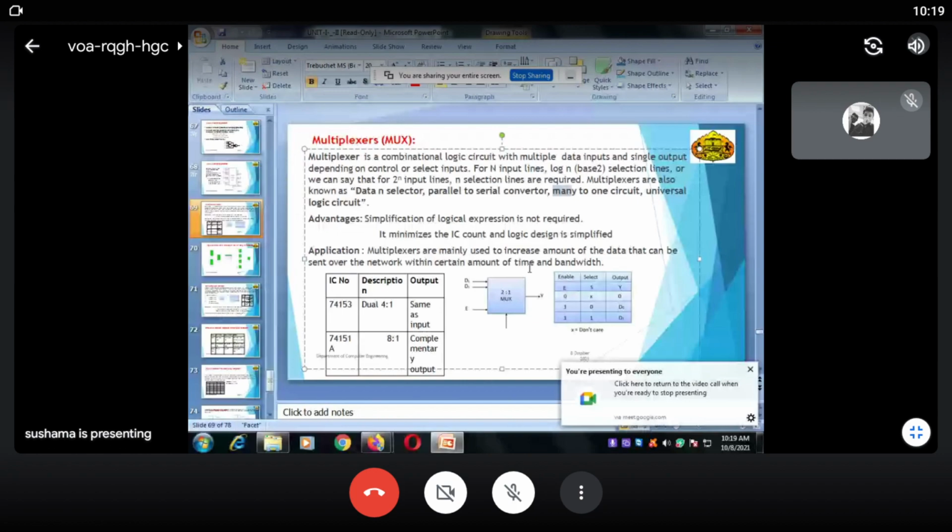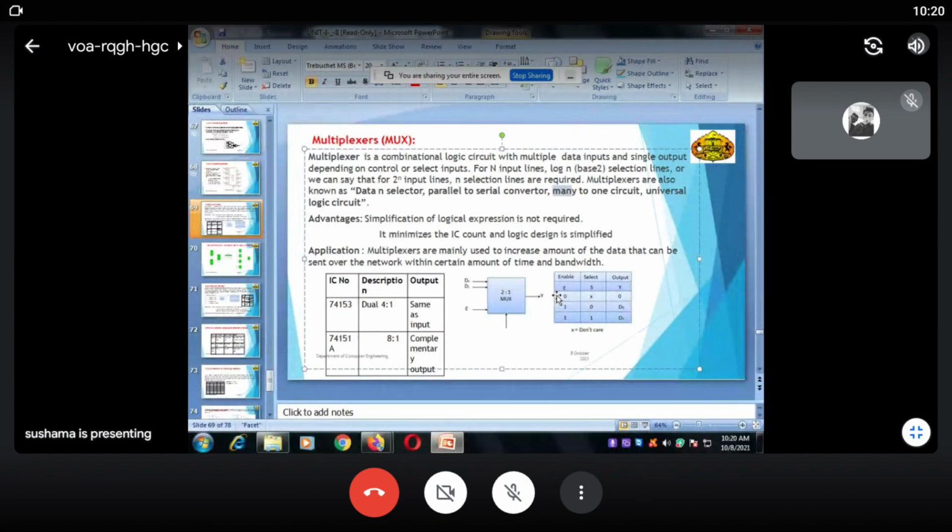Now we see here this data is D0 and D1 and this E is the enable pin. There should be a select line, and we are getting Y. Now see here, you are designing many things and also the truth table, but in a multiplexer we are not getting a different output, we are just selecting any one of the inputs.